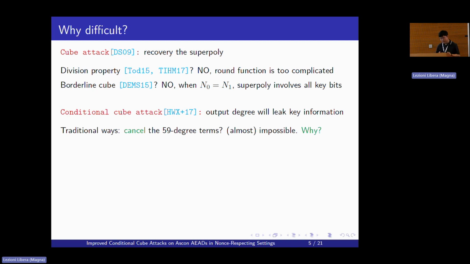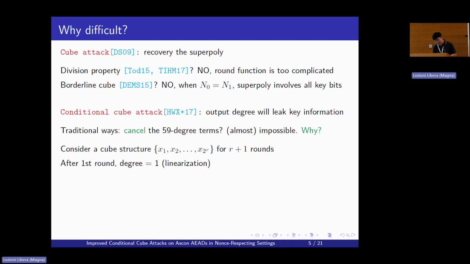However, if we use the traditional way for the conditional cube attack, it's also impossible here because it seems we should cancel the degree-59 term, the max degree term. It's almost impossible. Why? Let's look at the traditional way. For R+1 rounds, we need a cube structure with two R variables. After the first round, the degree of the state should still be 1 because the cube variables are set in specific positions to make the first round a linear function.